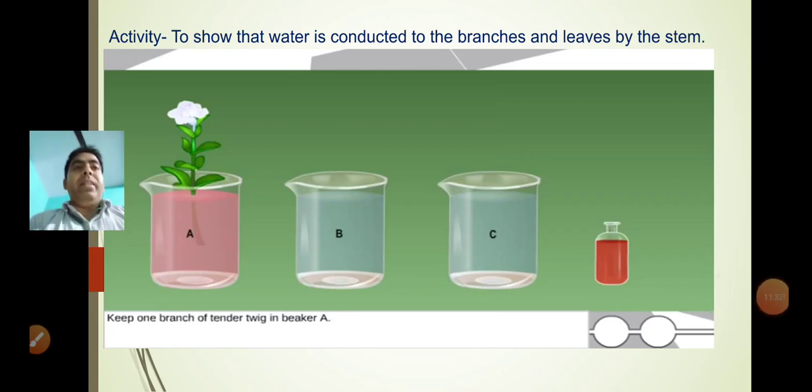After we keep it for 8 to 10 hours, you observe that the red color lines the stem, leaves and flowers. Okay, it indicates that the water moves up through the stem. Thank you.